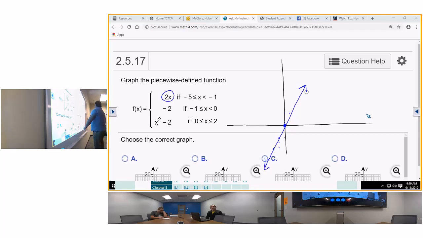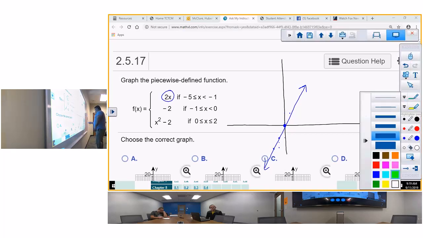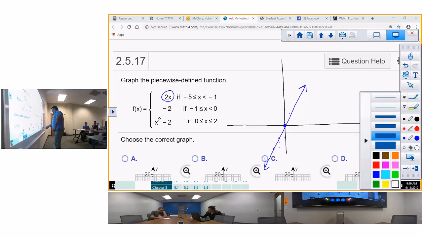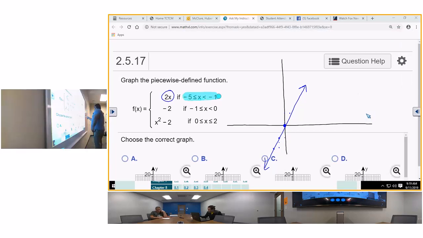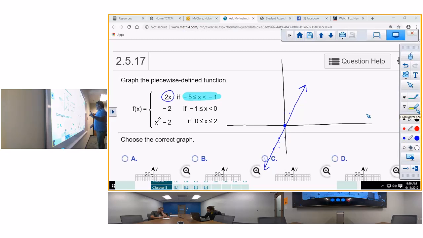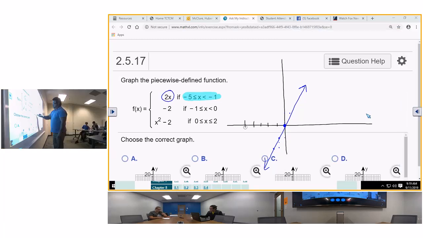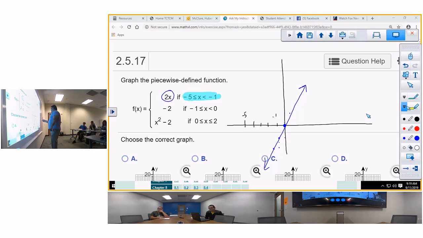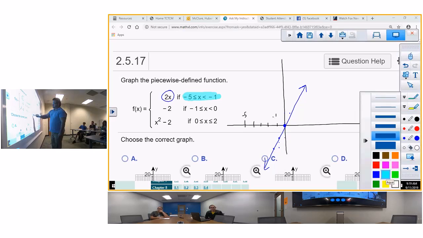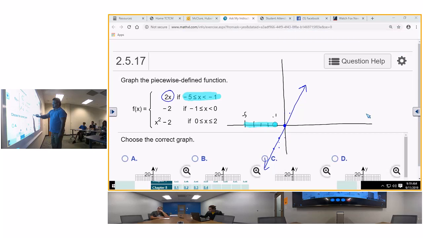So let's take my handy dandy highlighter, and we'll use the blue color. And what is our domain? -5 to what? -1. Now, that means I don't have arrows, doesn't it? So I've got to find -5 to -1, and I need to take my highlighter, and that's my domain right there.